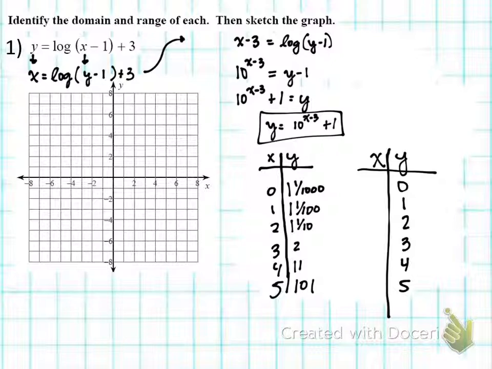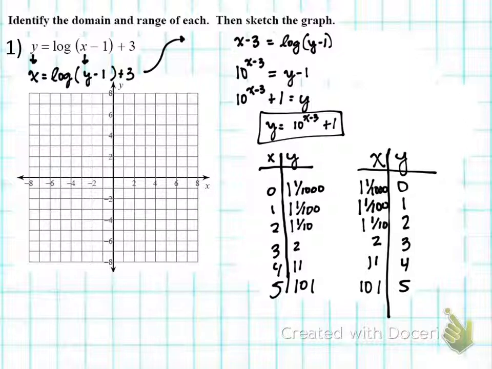And instead of the y's, I'm going to put them into the x column. 2, 11, and 101. Okay? So as you see how I copied them back now?